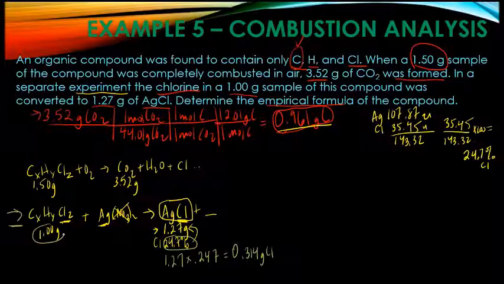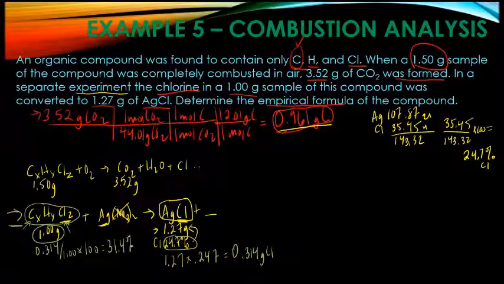That's out of this sample though, okay, out of the original compound, which also has its percents of each element in it. So I can figure out the percent of the chlorine by mass in this particular unknown compound. So I do 0.314 divided by the 1 times 100, which is going to give me 31.4% chlorine in this unknown compound.